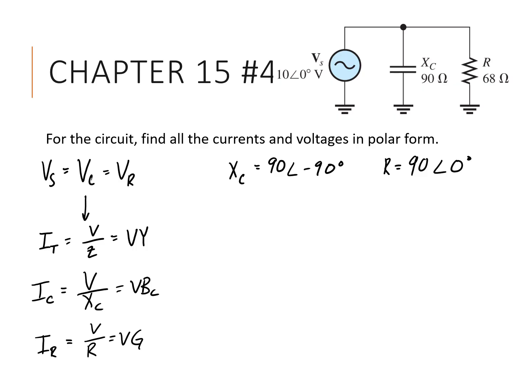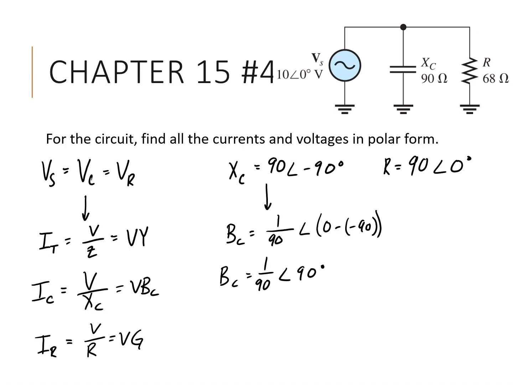So if we wanted to start getting towards using our equations over here, we are going to want to turn our XC into BC, which is going to be 1 over 90 at an angle of 0 minus negative 90. So that's going to give us 1 over 90 with an angle of 90 degrees.